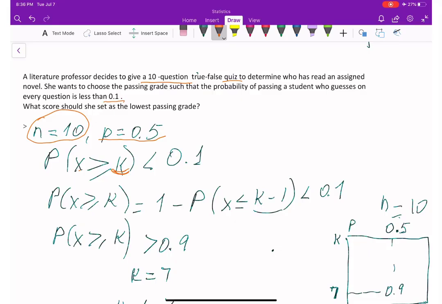And that would be less than 10%. So less than 10% are going to pass the test, and we need to find what the passing score is here, which in our case is K.